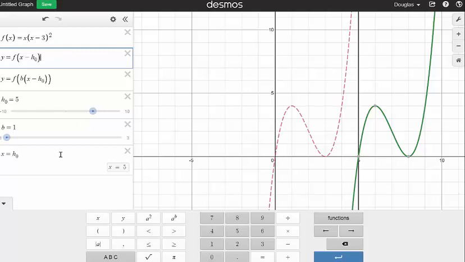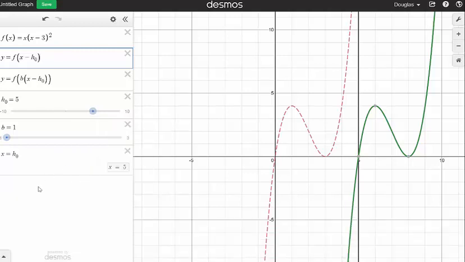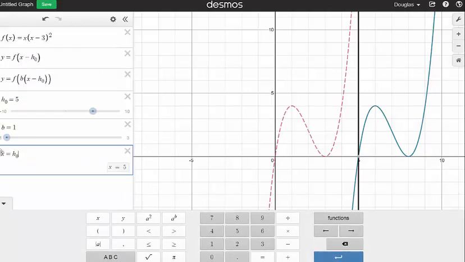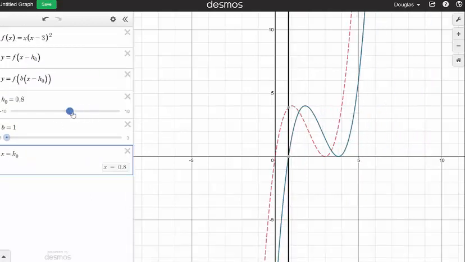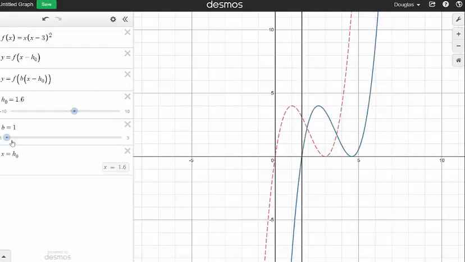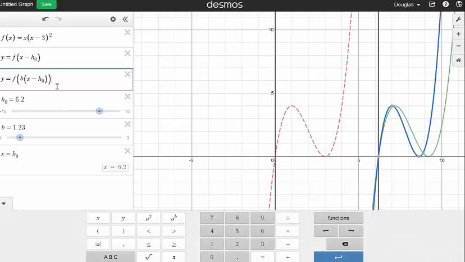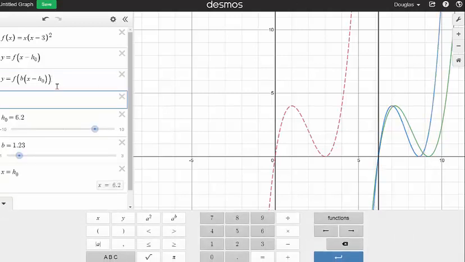Now this is just the function being shifted left and right, and we can see how it's being moved off of this. Again, first you shift it, then you stretch it. That's how this goes. Now we're going to look at what happens on the vertical side.